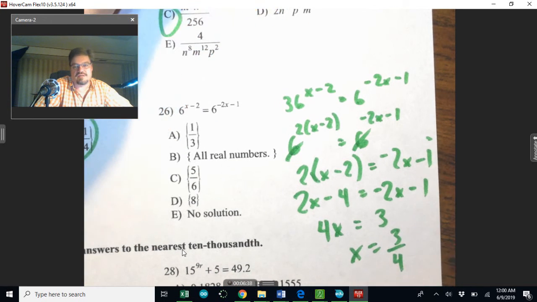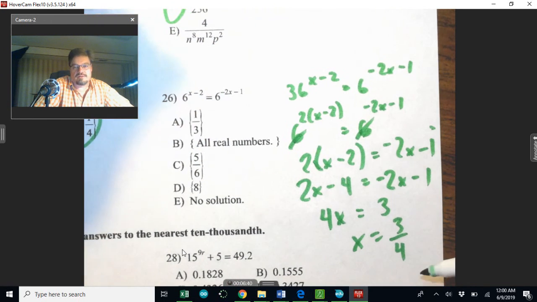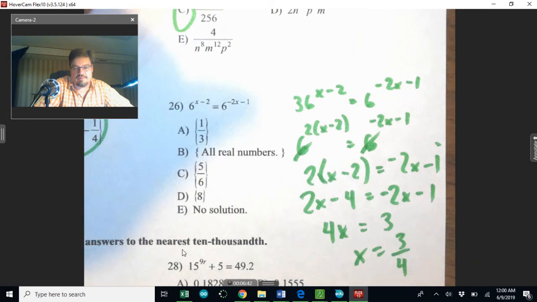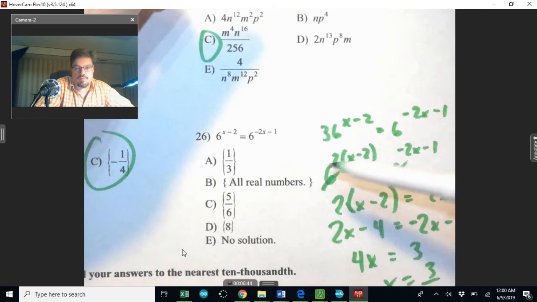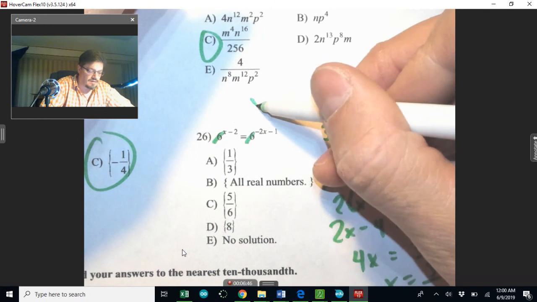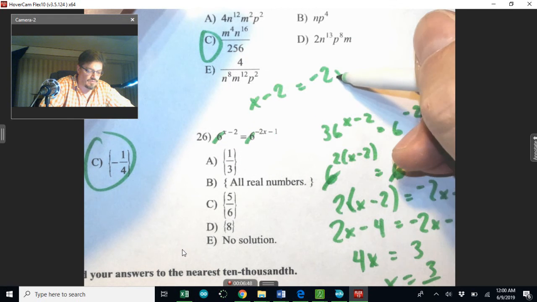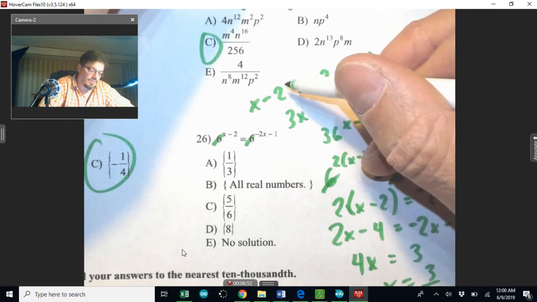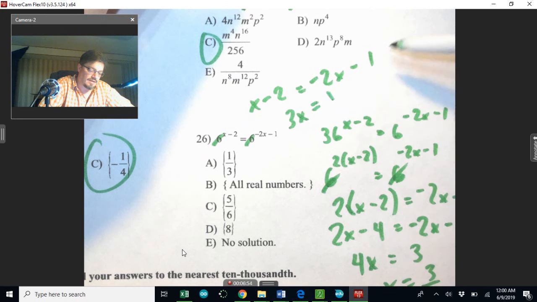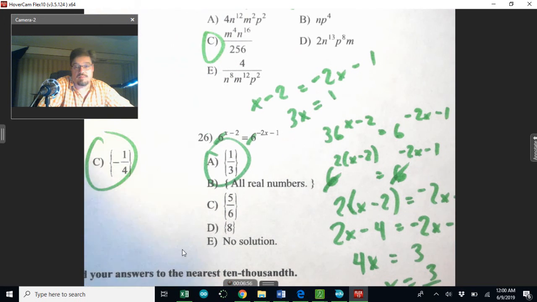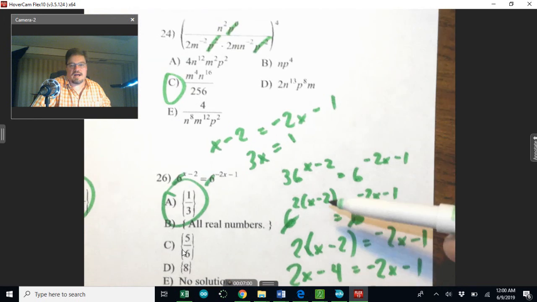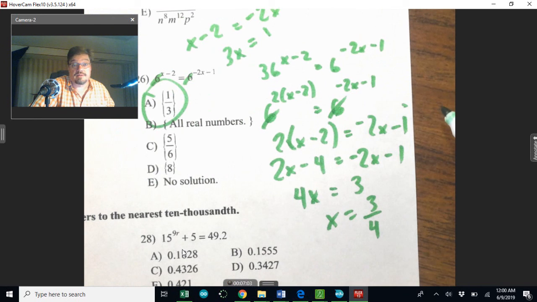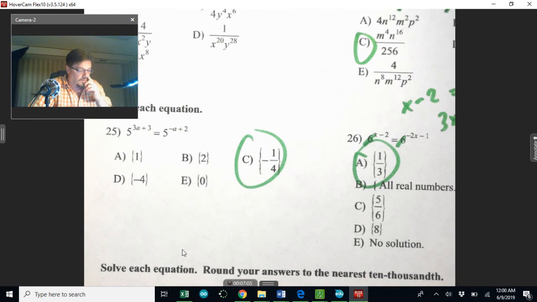Now I've changed the answer though, so you're not going to see 3/4 here. But if I were to do 6 to the x minus 2 equals 6 to the negative 2x minus 1, this would come over here to get 3x, and this would go over there to get positive 1. So actually the answer for this one would be 1/3. This is the kind of question that I want you to be able to answer. Alright, we'll stop there and do the next batch.